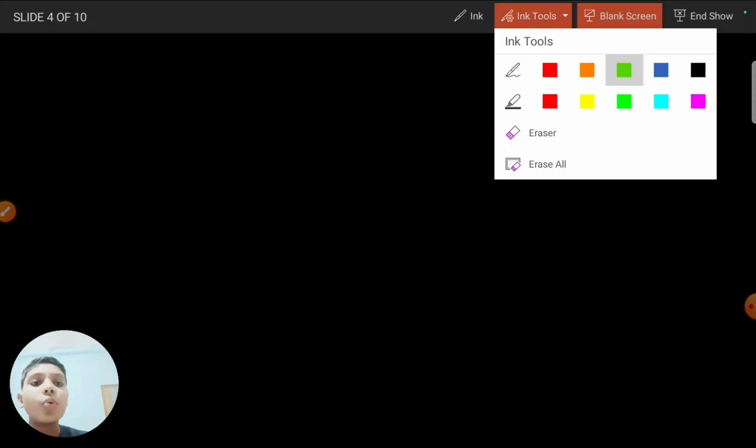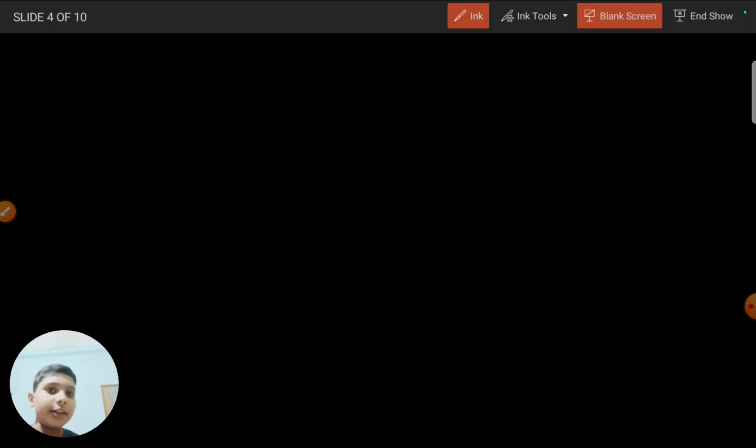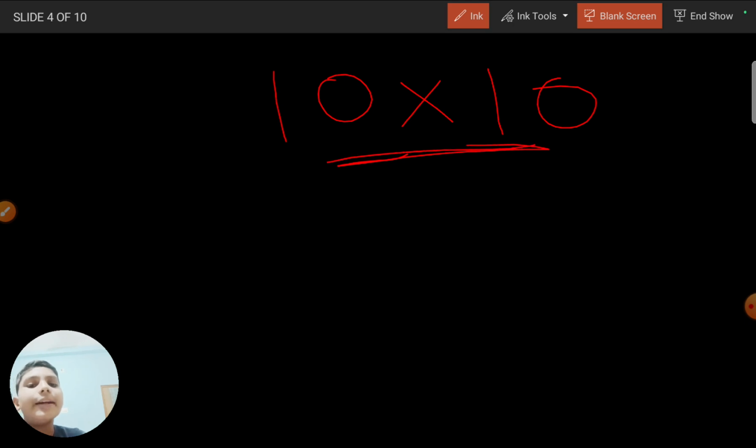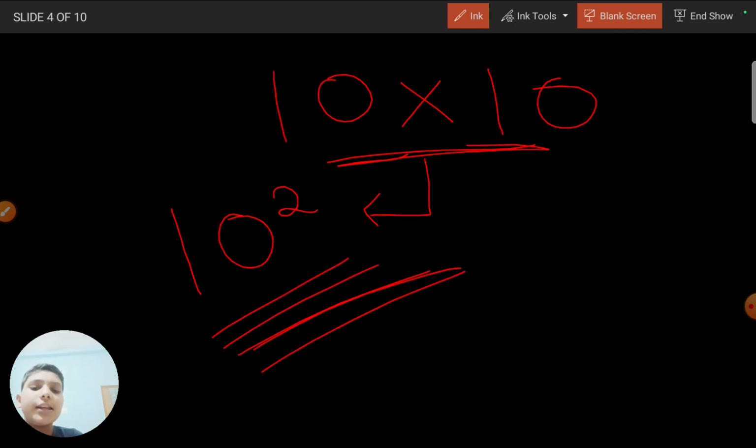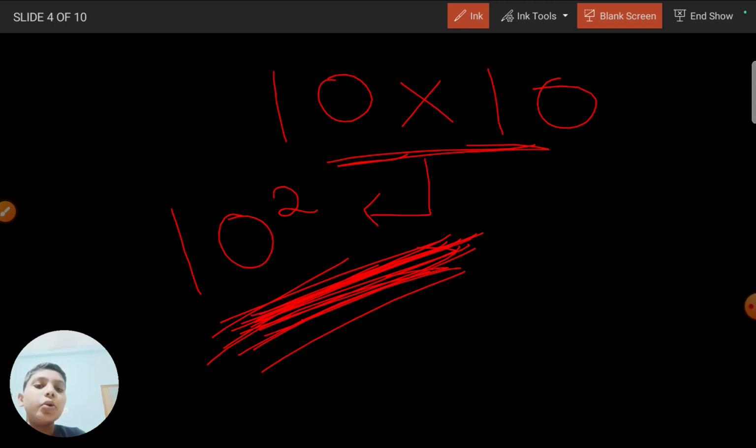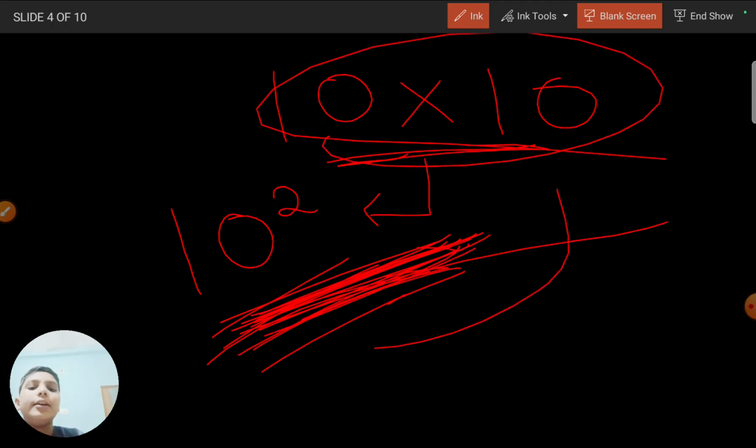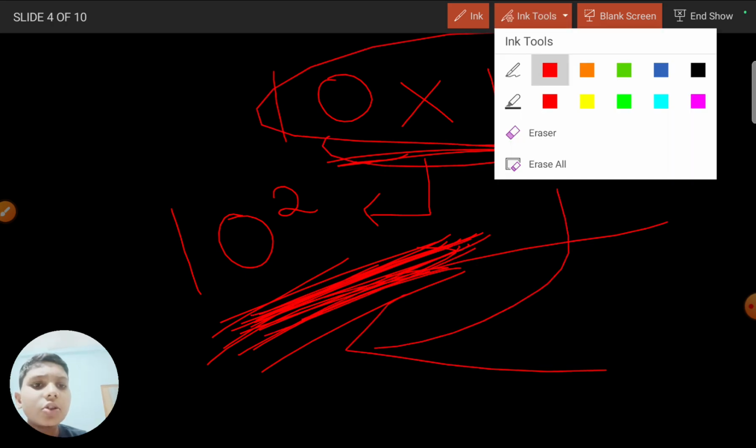So that is the power of exponent and power. I will be writing 10 into 10. This can be written as 10 raised to the power of 2. See how simple exponent and power have made it to write this. This is not the only capability.